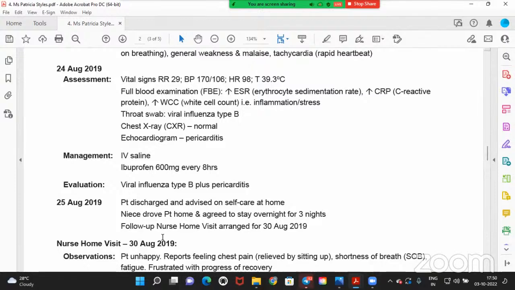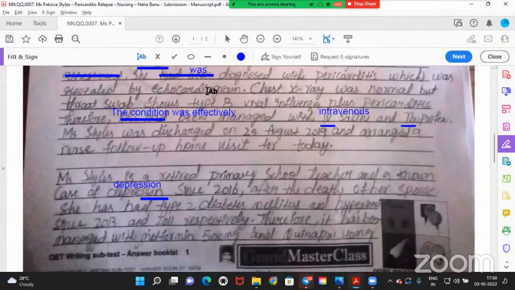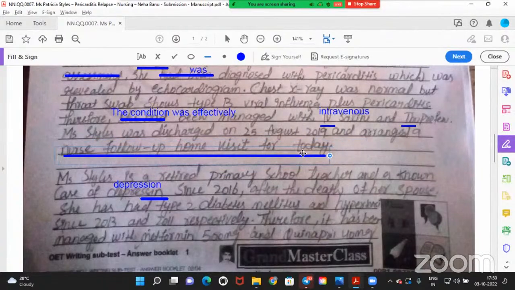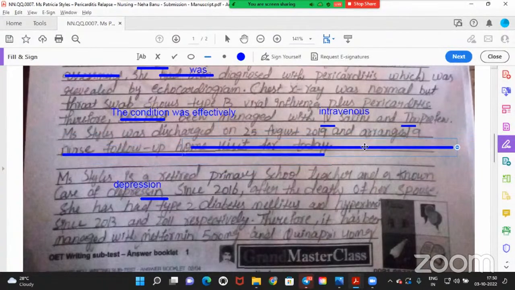Okay. And simultaneously a follow-up visit. Okay. Nurse home visit was arranged. Okay. That you need not tell. That is not compulsory. This is not important. You are already following up. I don't think this will carry that much weightage. So this one you can eliminate.